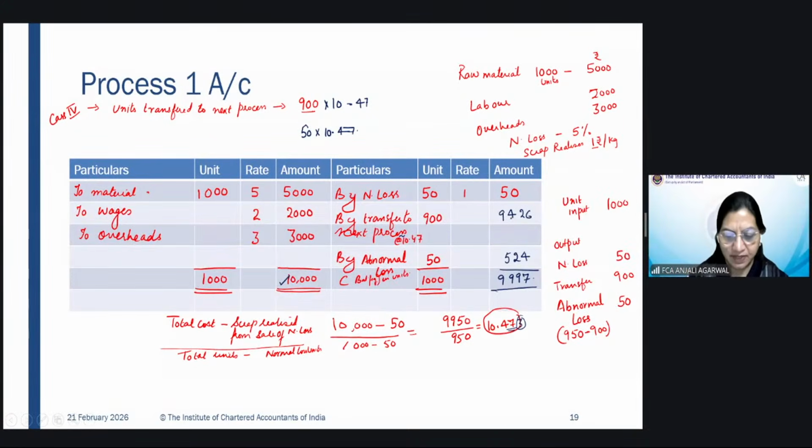Similarly, when you divide by 900 and multiply by 50, this comes out to be 523.68, which has been rounded off to 524. Now the two are absolutely correct because both will not give you 0.5. So when you round off one to the lower number and the other to the higher rupee, it will always match. But if both are 0.5 and you take both to the next higher number, again you will have a difference. So one you take to a higher number and the other you can take to the lower number.